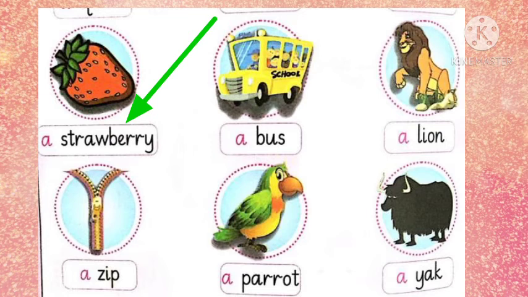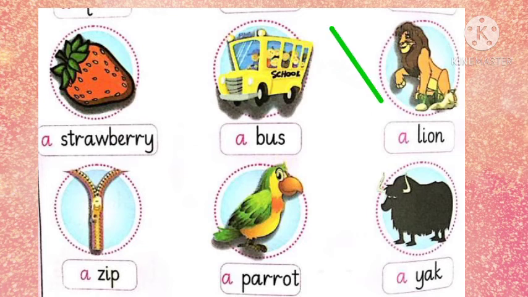So we will use article a strawberry. Next is a bus. Bus begins with letter B, it's a school bus and it begins with letter B. B is a consonant, so we will use article a bus. A strawberry, a bus. Look at the next picture.